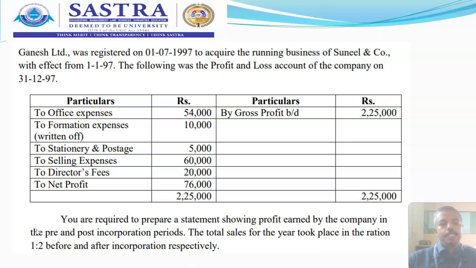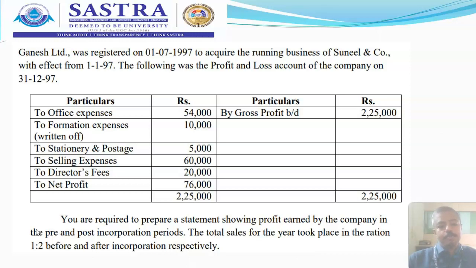So now take down the year, date and month as it is. Now the business is a running business, please be careful. The business is not a newly started business in between the year. Since it is a running business, we can take the accounting period as 1st January 1997 to 31st December 1997.